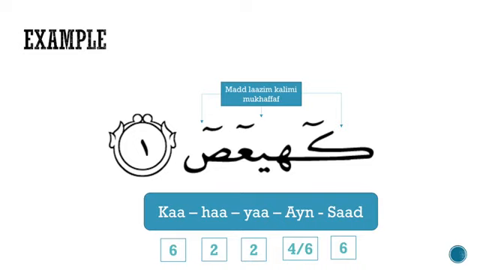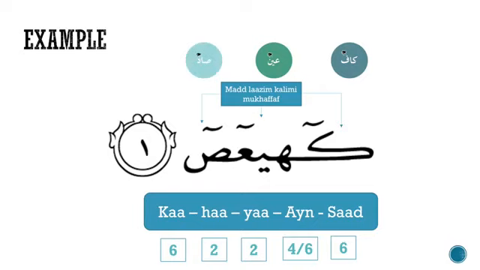The Kaf, the Ain, and the Sad are known as Mad Lazim Harfi Mukhaffaf. As you can see, the Kaf is a huruf madda followed by a sukoon. The Ain is huruf leen followed by a sukoon. And the Sad is huruf madda followed by a sukoon.